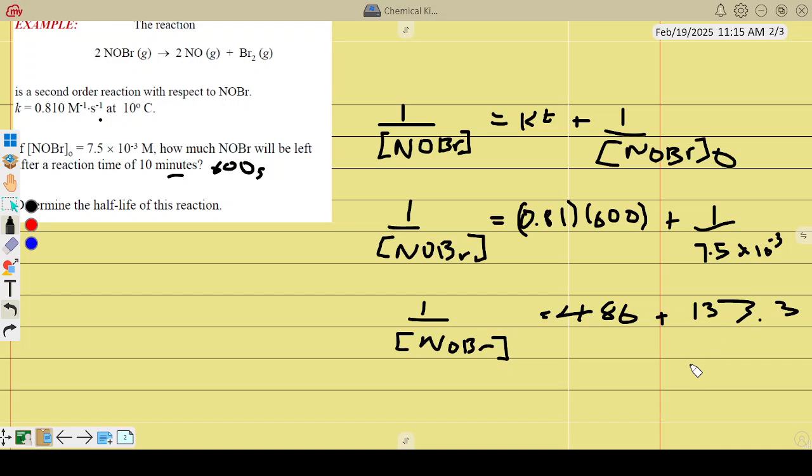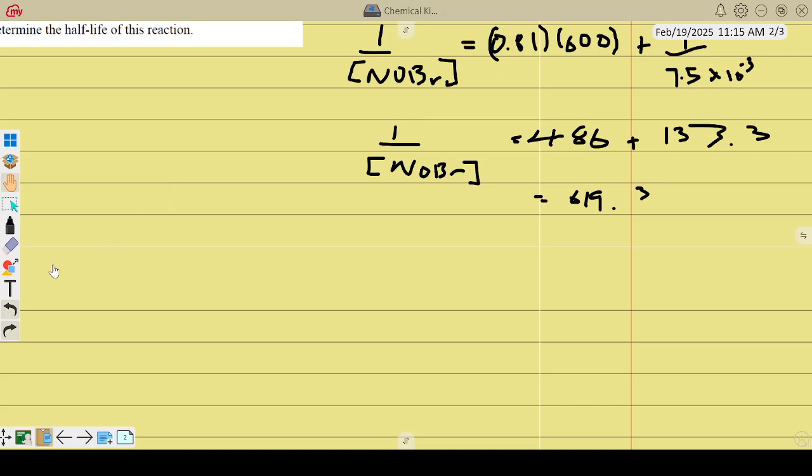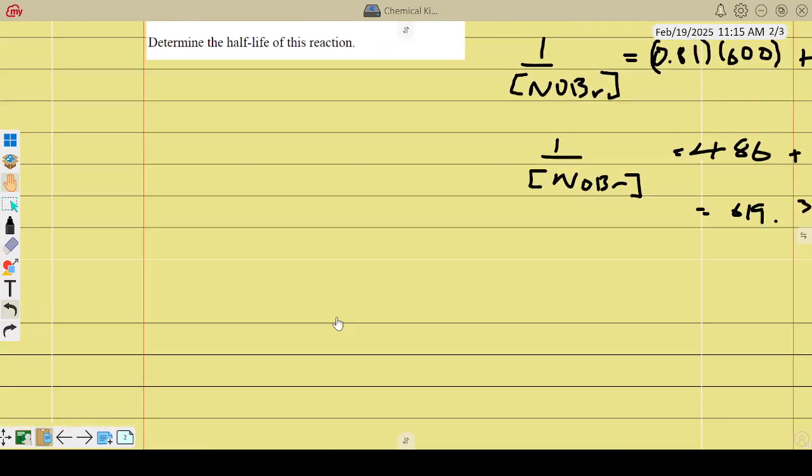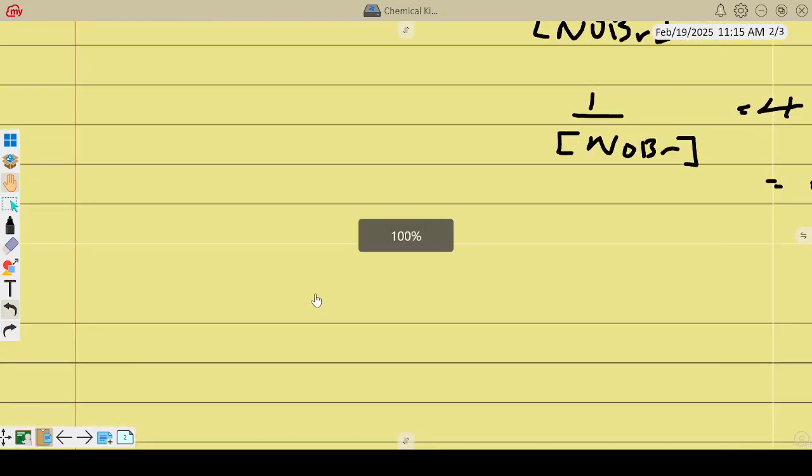And then you add it to 486. You have 619.3. Is that so? And then we get rid of this fraction here. How do we do that? We simply say, where are we going also?